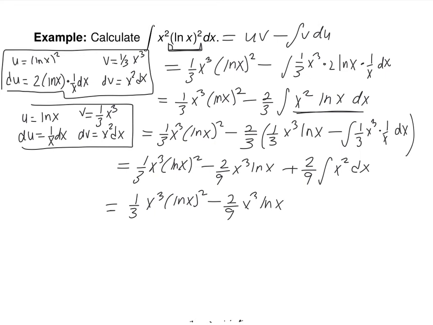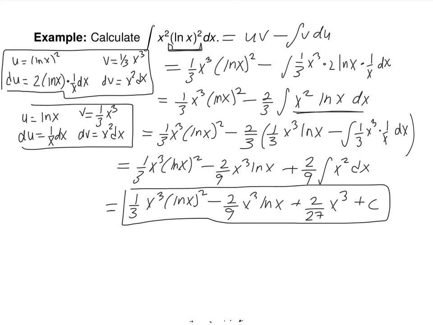And we're going to have 2/9 times 1/3, which makes 2/27 x cubed. And then don't forget your plus c. So that wasn't so bad. Checking this would be really, really tedious and probably quite painful, so lots of room for error, so let's not do that. But the point is just give something a try and see if it works.